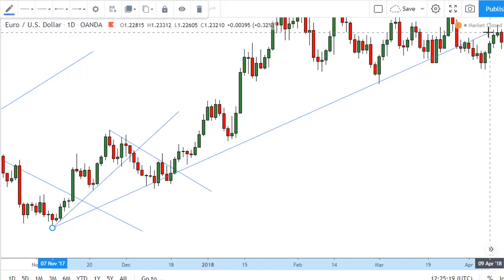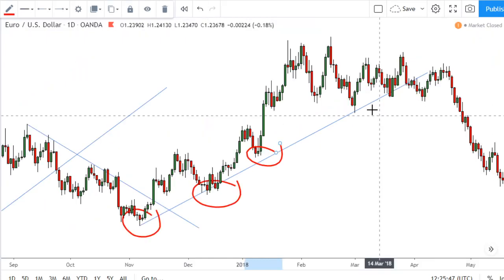Let me show you something. First touch, second touch, it's almost a third touch, and then fourth touch, fifth touch of the trend line, and then here the trend line was broken.